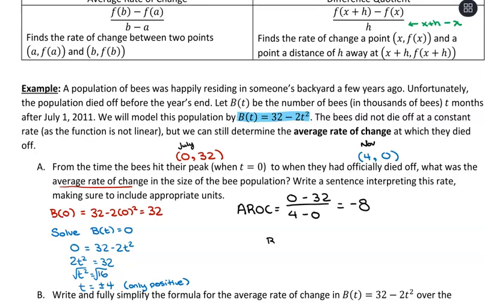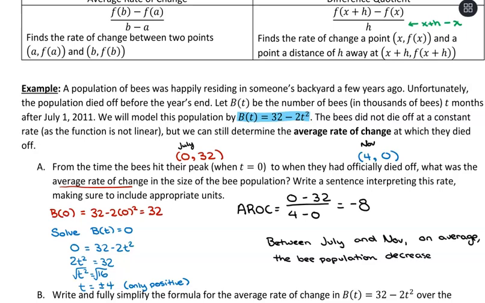So with that, between July and November, on average, the bee population decreased by 8,000 bees per month.